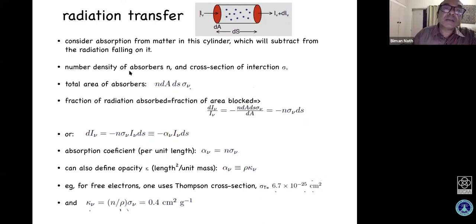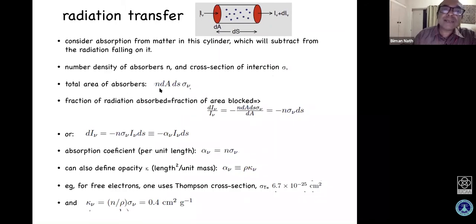So let's say there is a number density of observers, which can be atoms, which can be free electrons, whatever it is, right? Let's call it just observers for the time being. So n is the number per unit volume, number density. And say the cross section of interaction, whatever the interaction is, is sigma_ν, which is of course going to be dependent on frequency.